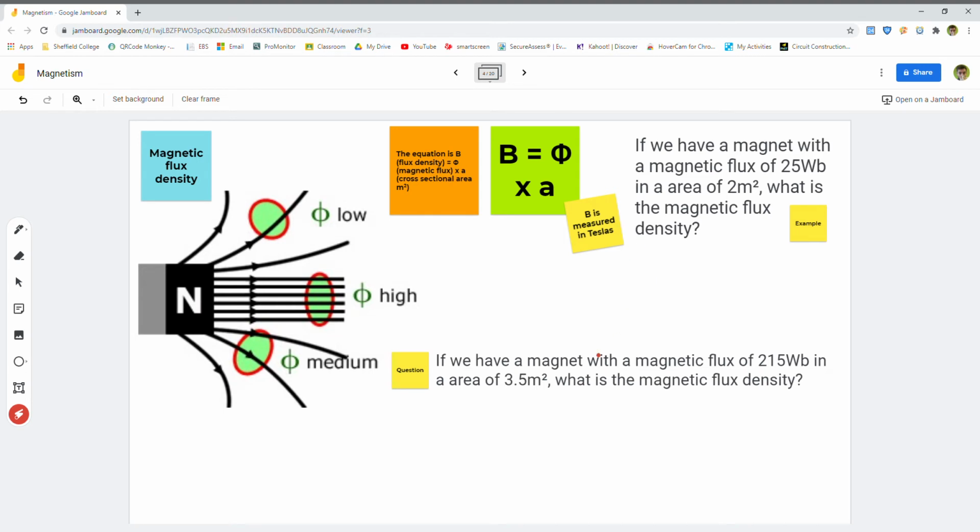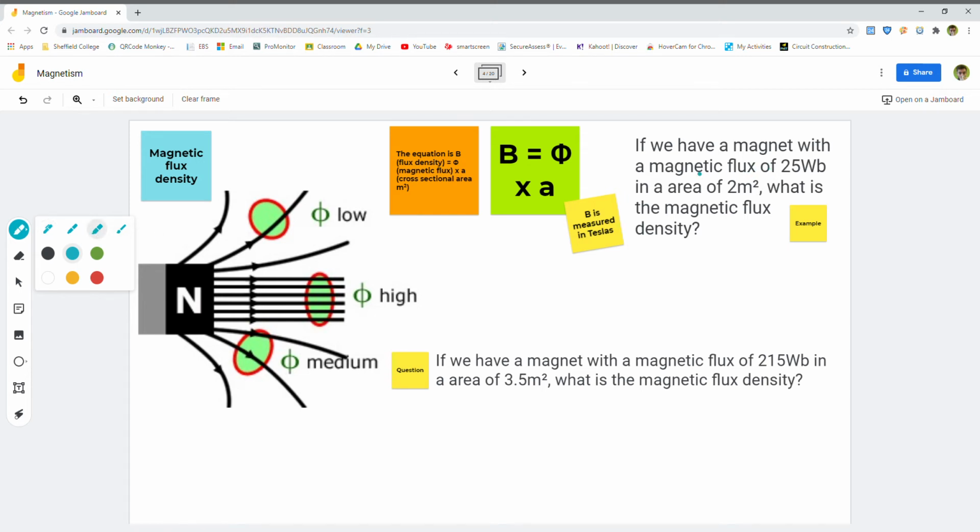Okay then, we've got a couple of questions here so we can go through. To put this equation into some real use, if we have a magnet with a magnetic flux of 25 Weber in an area of 2 meters squared, what is the magnetic flux density? First let's highlight these different sections.